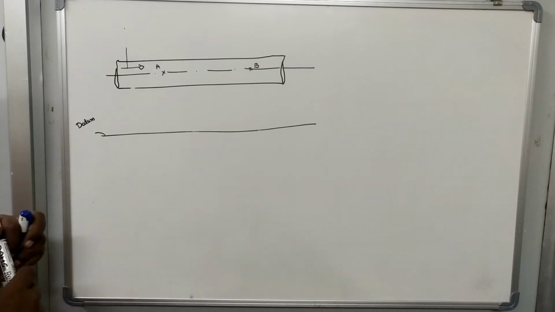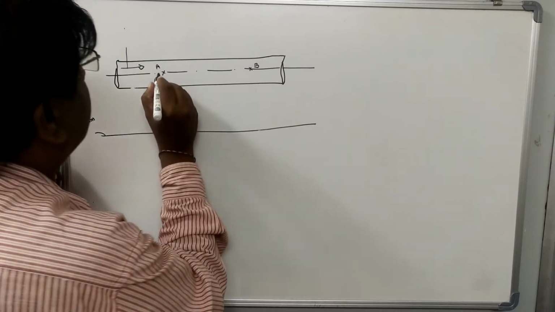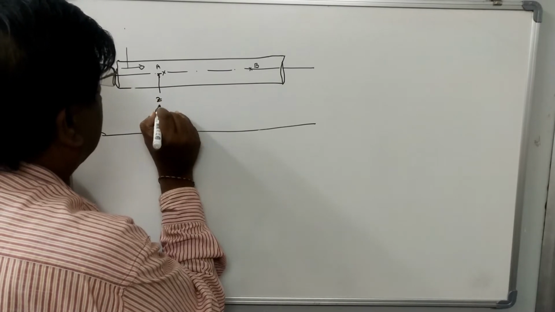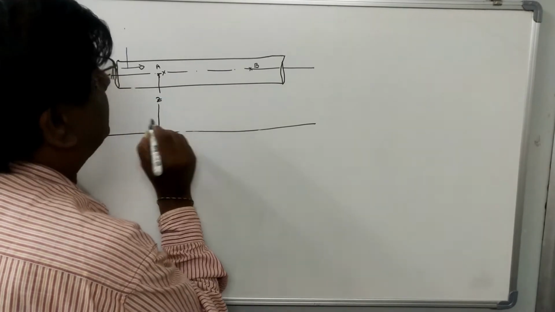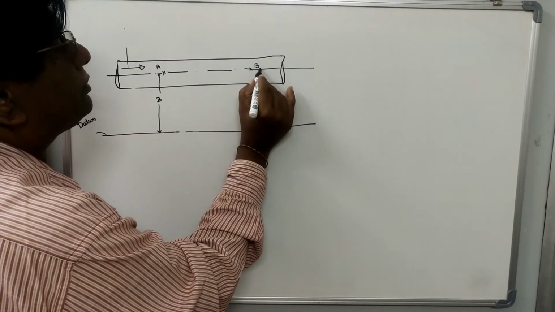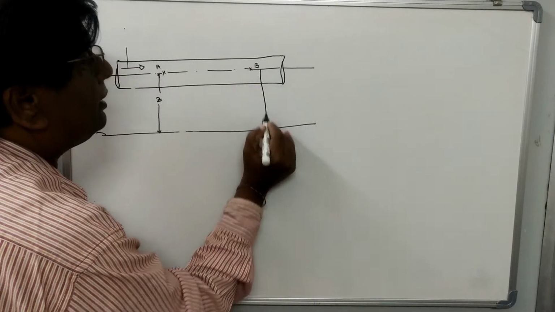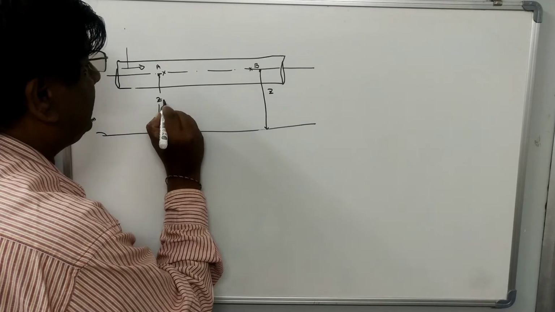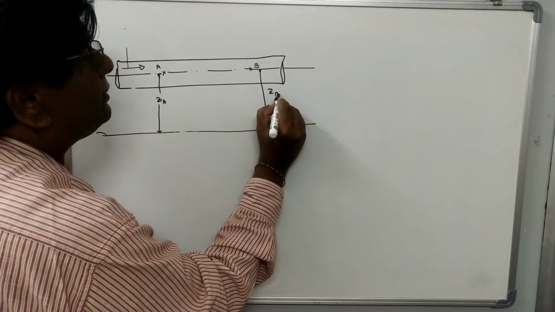But when we are going to apply this, suppose this is the datum head Z. So this is also the datum head Z, or you can take this as ZA, this is ZB.